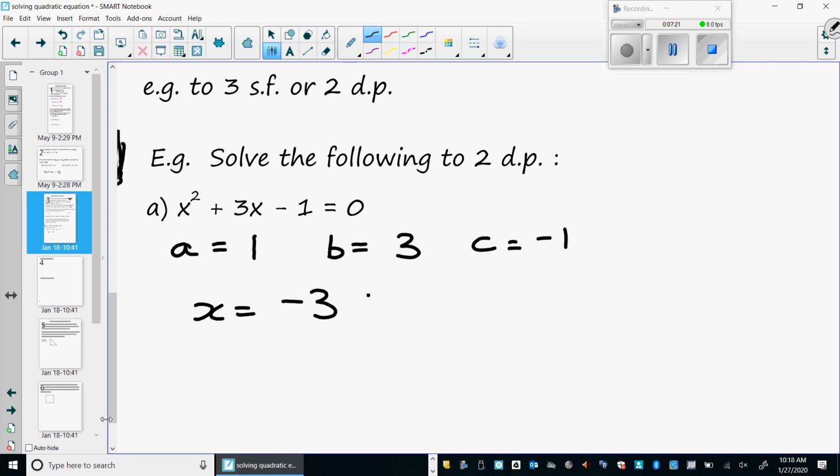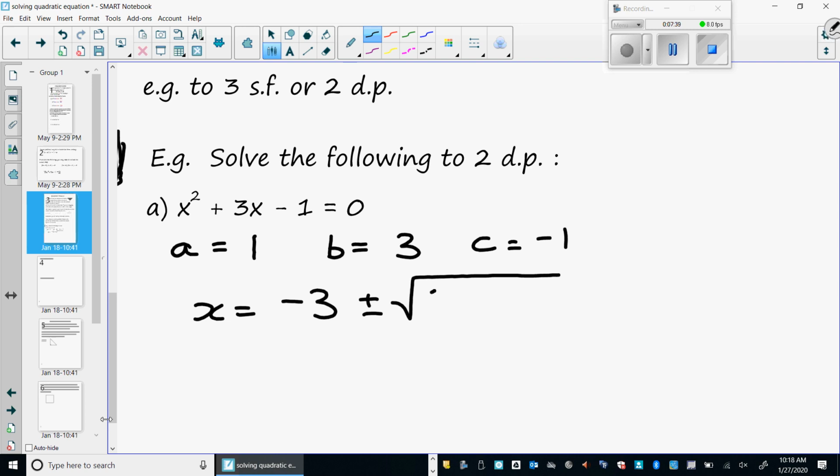Okay? Then I write plus or minus. So it's literally a plus sign and a minus sign underneath it. Then I'm going to write a square root sign. I'm going to use a bracket here because I want you to be used to using a bracket when it comes to negative values.